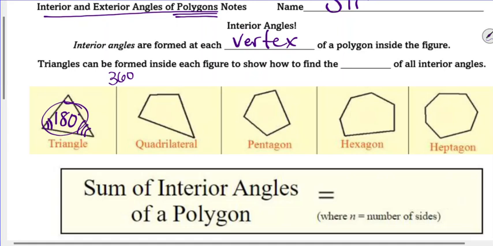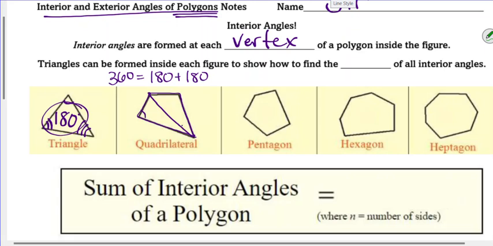So if I imagine drawing a line in this quadrilateral, I'm just going to split this into two separate triangles. It doesn't really matter which vertices I use. Let's say I choose to connect that one, creating two separate triangles. I have one there and one here. I know the interior angles of each of those are 180, so that's 180 plus another 180.